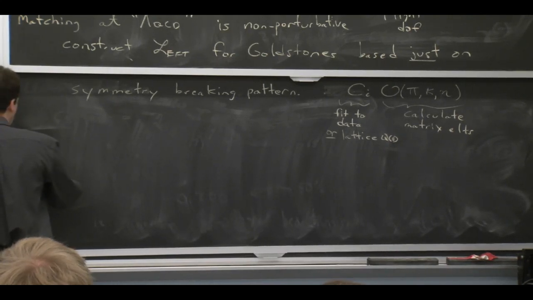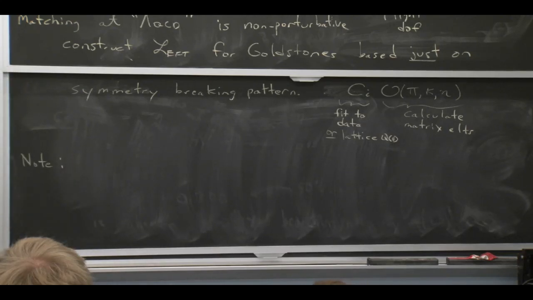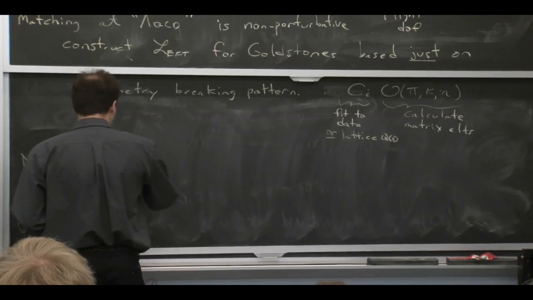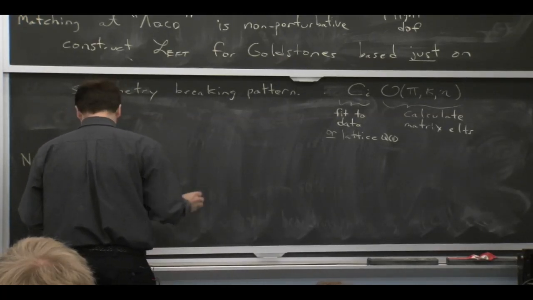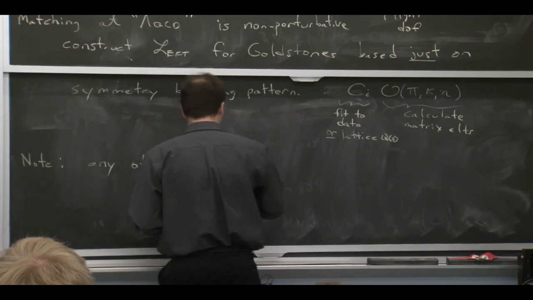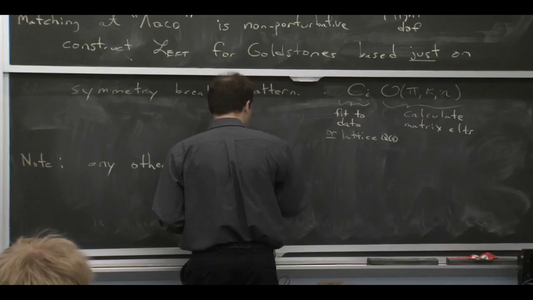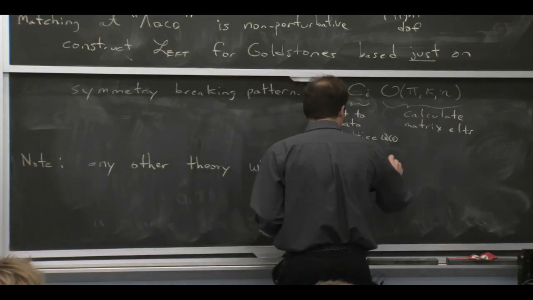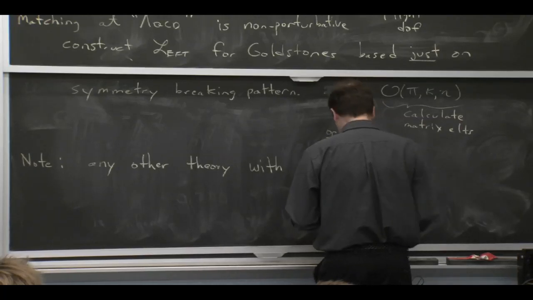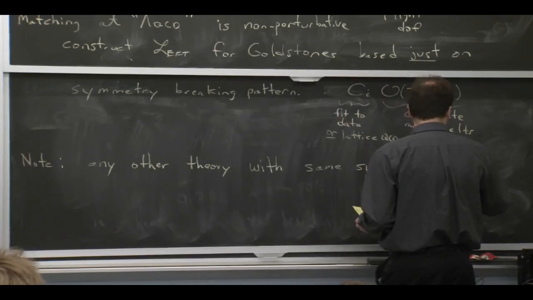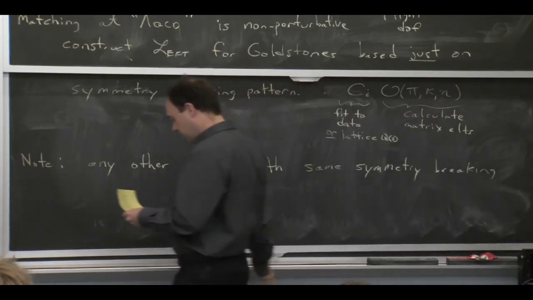Now, because we have this bottom-up point of view, there's something that we don't know, and that is we actually don't know precisely what theory we started with, because all we're encoding about that theory is the symmetry breaking pattern. And so if there's a bunch of upper-level theories that have the same symmetry breaking pattern, they'll look the same. They'll look like they have the same Chiral Lagrangian.